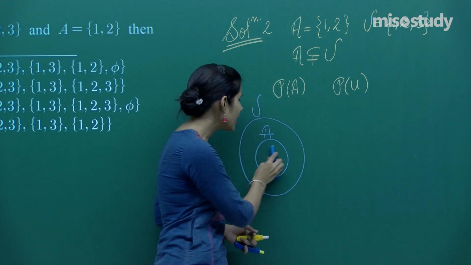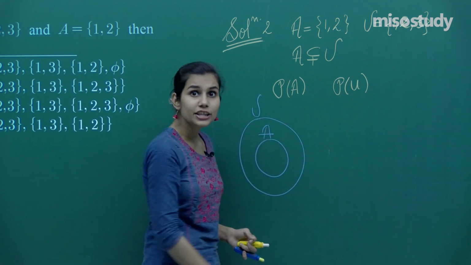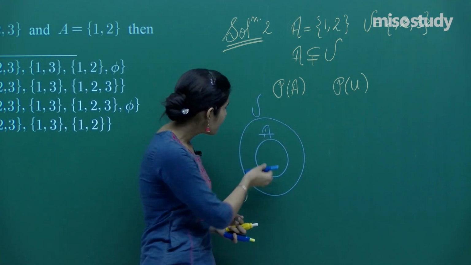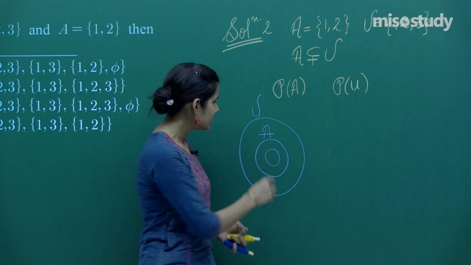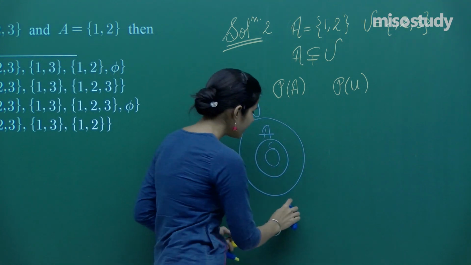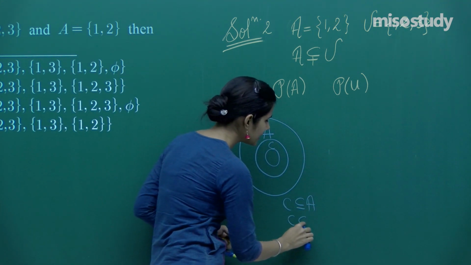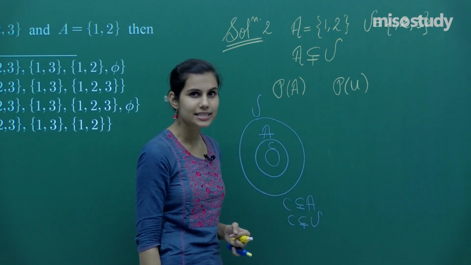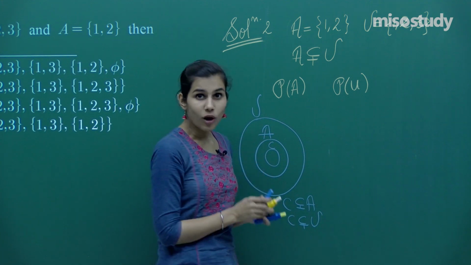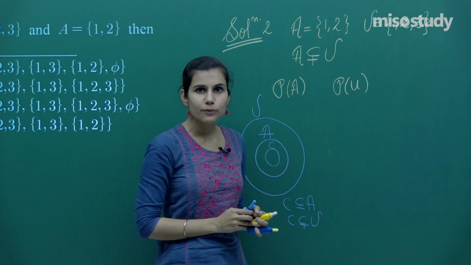And subsets which are contained in A will automatically be contained in U. And therefore, every subset of A, suppose I have this as a subset, say subset C. If C is a subset of A, then obviously C is a subset of U also.